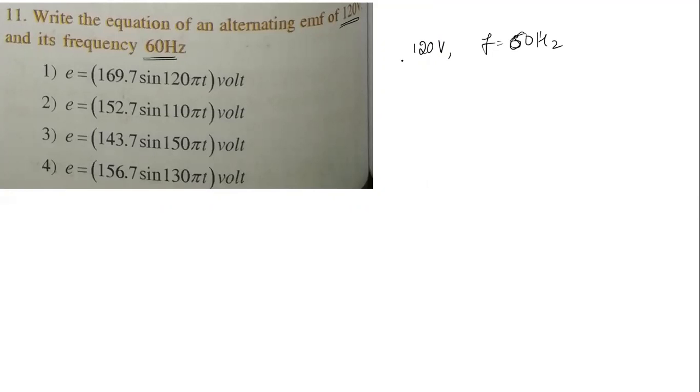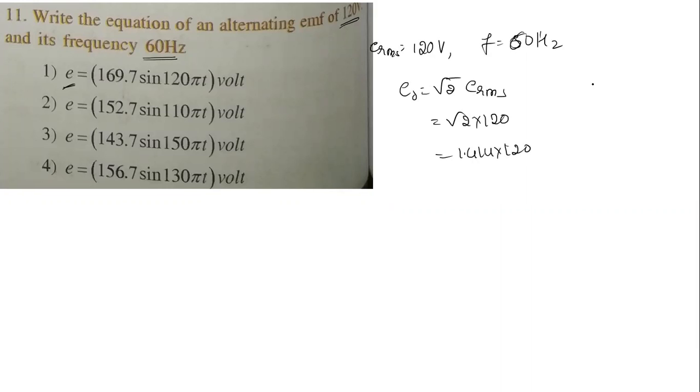Question number 11. Here they are given in terms of E, so I'll take this as ERMS. This is the ERMS value. Now what about the peak value? It is √2 times ERMS, so √2 times 120, that is 1.414 into 120.